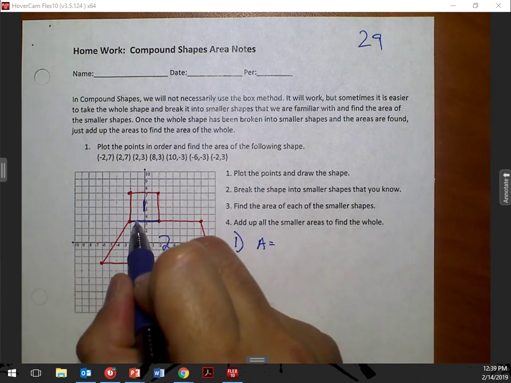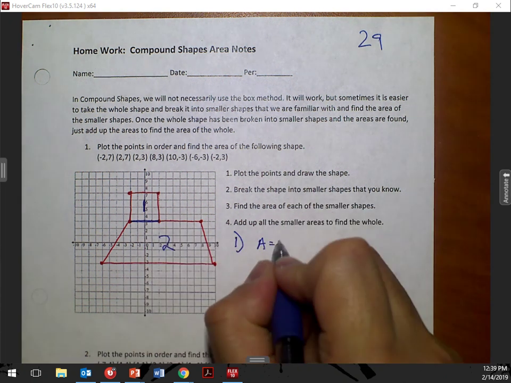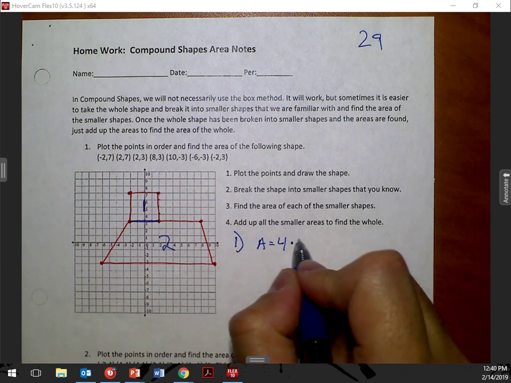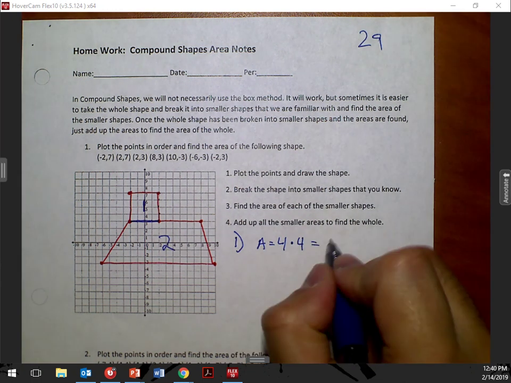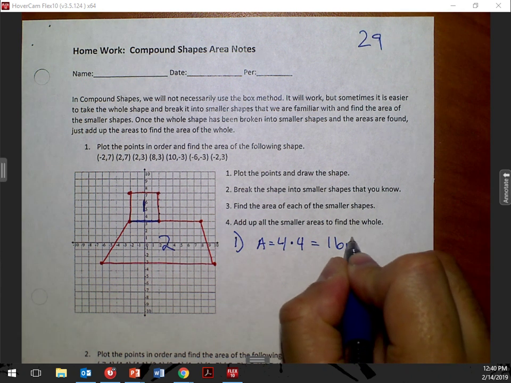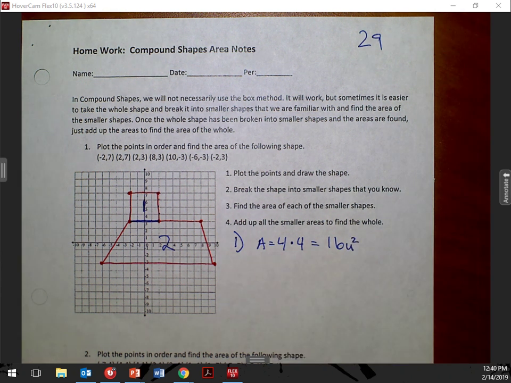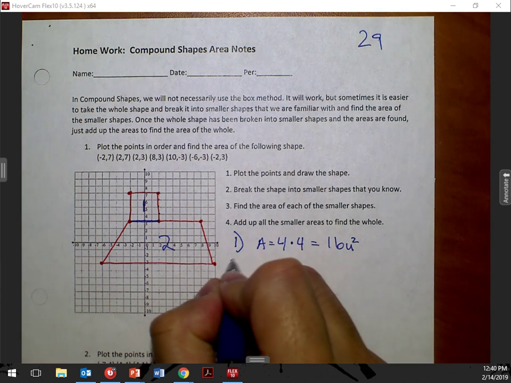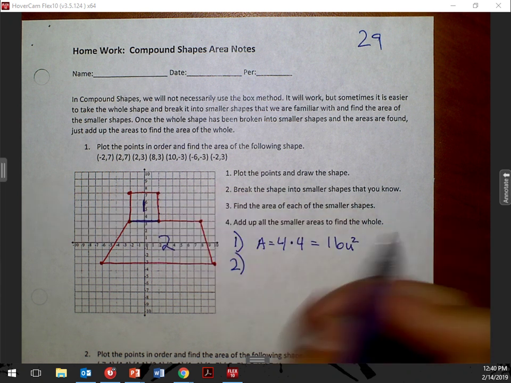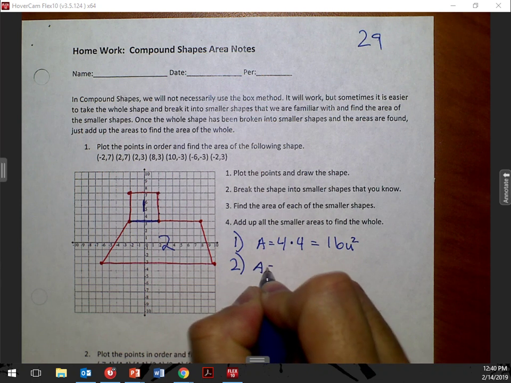So, it's going to be 1, 2, 3, 4 times 1, 2, 3, 4, which gives me, and what am I missing there? You're dividing by unit squared, right? Okay. Now, number 2. What shape is number 2? A trapezoid. It is a trapezoid, right? Yeah.